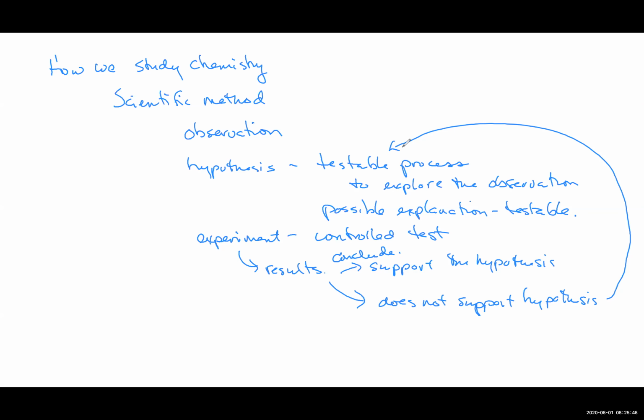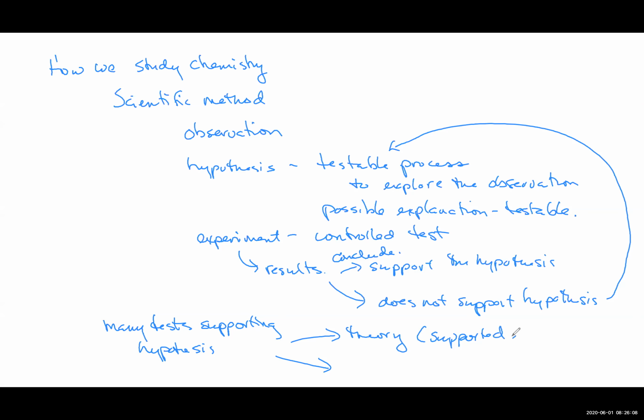If you do a whole bunch of experiments on your hypothesis and your hypothesis has many tests that support it, you end up with many tests supporting your hypothesis, which can turn into two different things. It will either become a theory, which is a supported explanation.